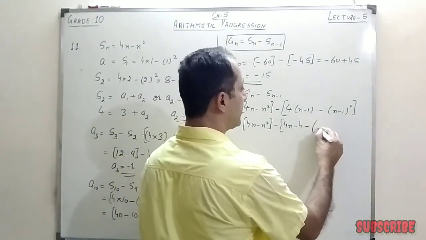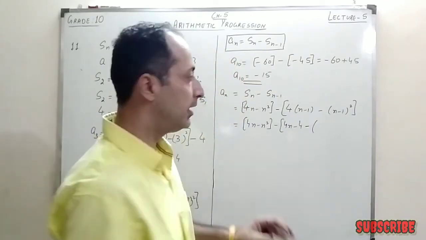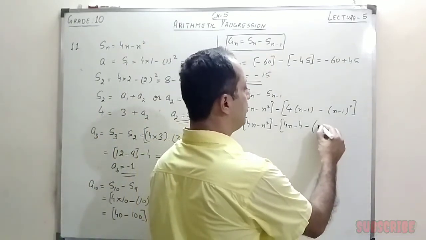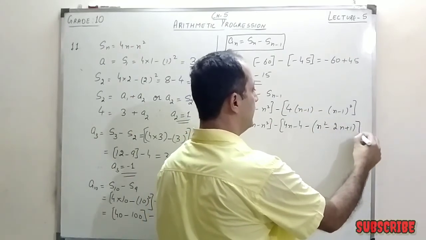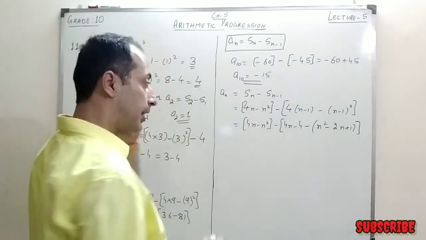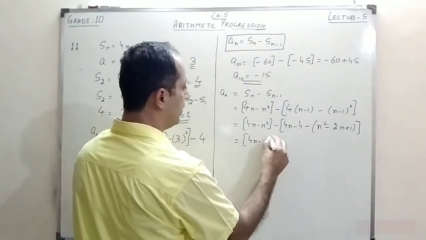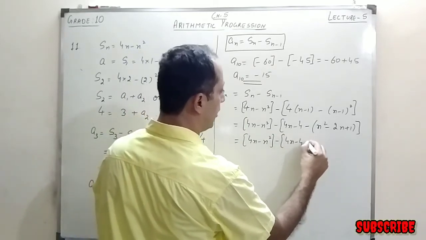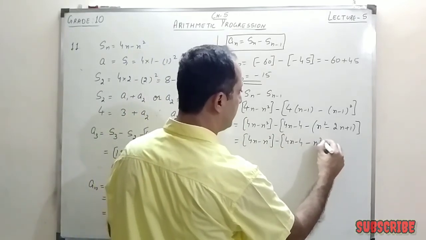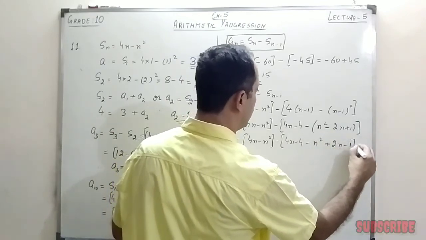So I write it as minus, and I apply the identity of a minus b whole square. I get n square minus 2n plus 1, right? Now I can open the bracket. So this is 4n minus n square minus 4n minus 4. Now when I open the bracket, this is minus n square plus 2n minus 1.